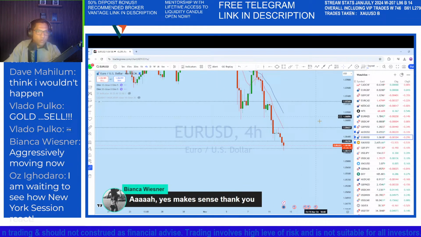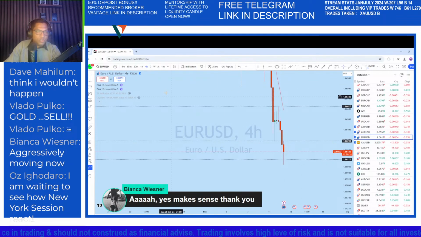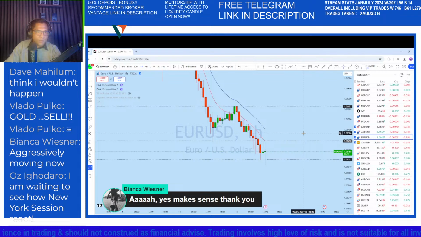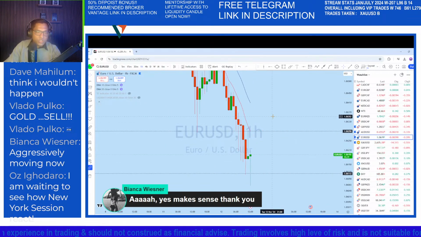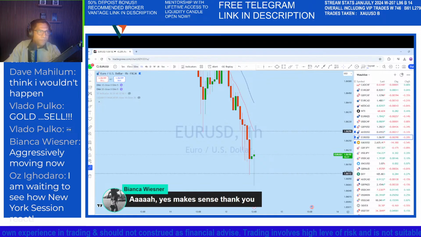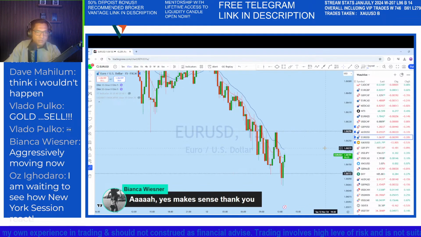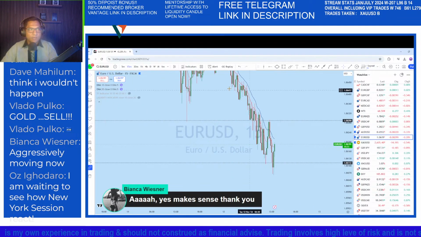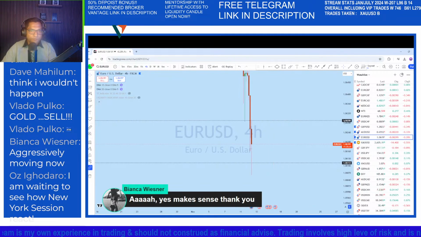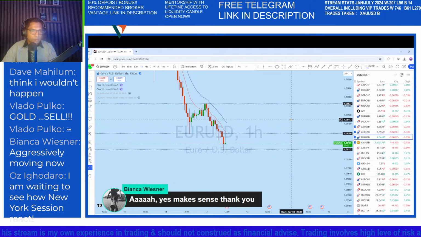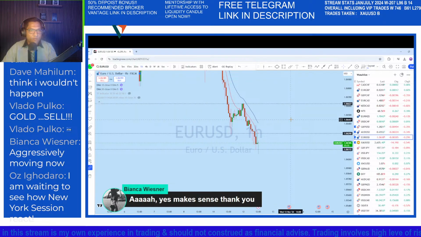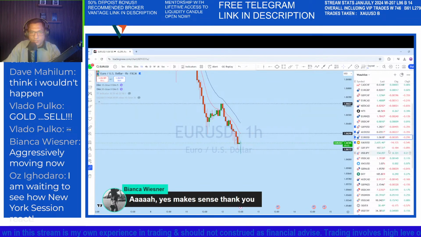From the 4 hour perspective, bearish, and 1 hour also. On the 1 hour, we can see a dodgy formation on EURUSD, and on the 15 minutes, I think we might see a break of structure, and with that break of structure, we can expect the market to trend in that direction.